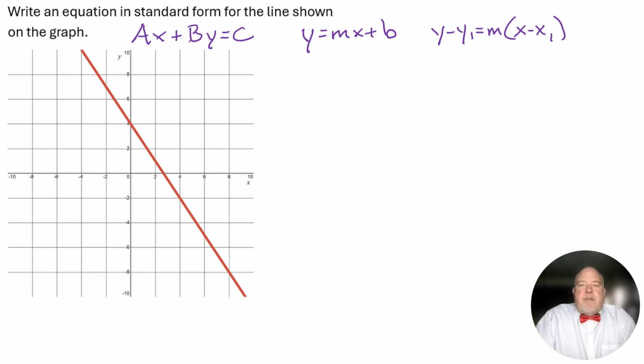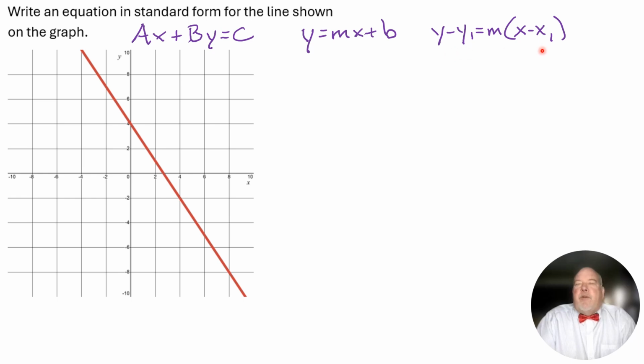Let me get my pointer so you can see. This is slope-intercept form. The m is the slope of the line, which we can easily find from the graph, and the b is the y-intercept, the point where it crosses the y-axis.